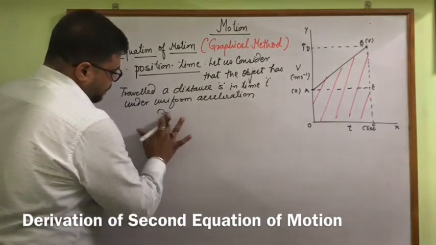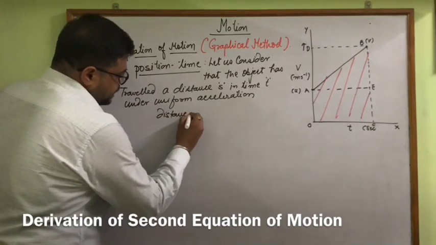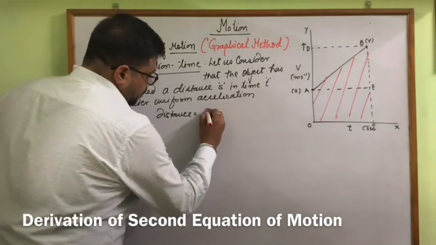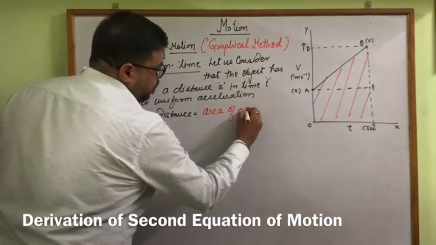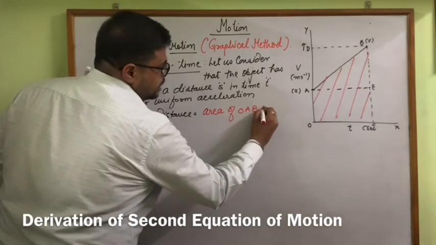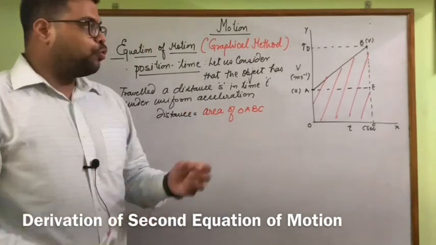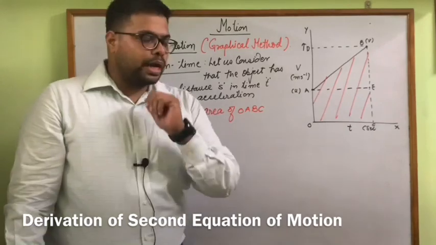distance can be calculated by the area of OABC. Here there are two methods to find the area and both are important. Look at here.